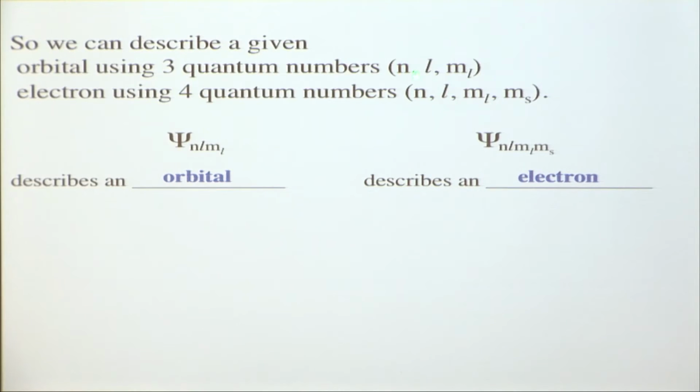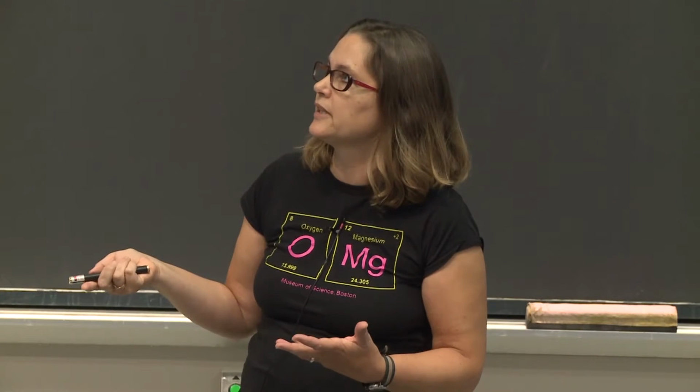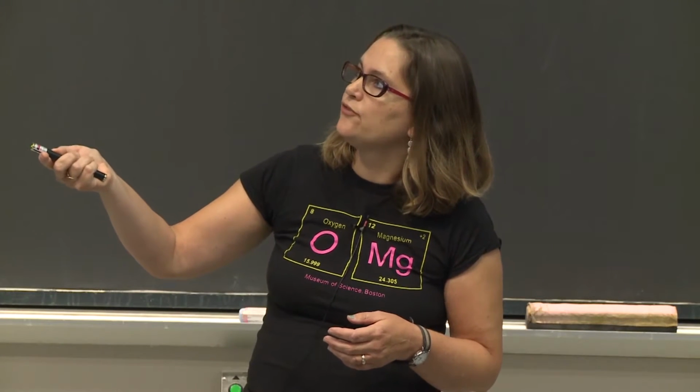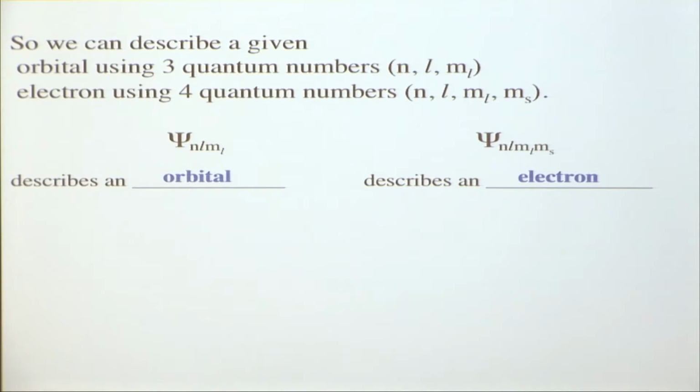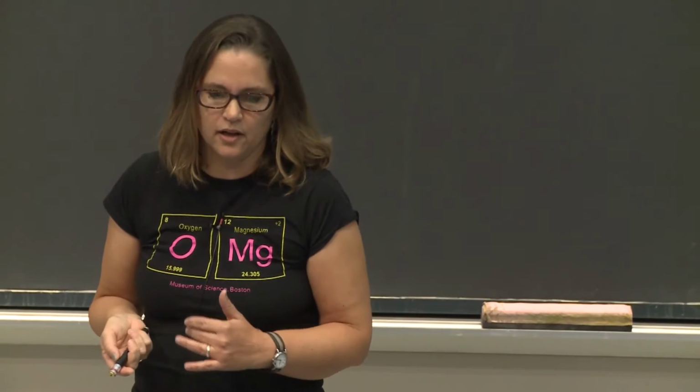You need n, l, and m sub l to describe the orbital completely. But you need a 4th one, this m sub s, to describe the electron. So if you see wave function n, l, m sub l, you say that's telling me what the orbital is. And if we add the m sub s, then you look at that and say, oh, that's going to tell me all the way to the electron what is going on.